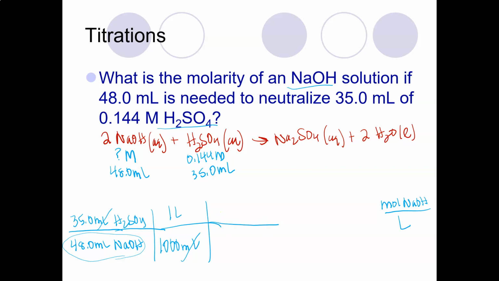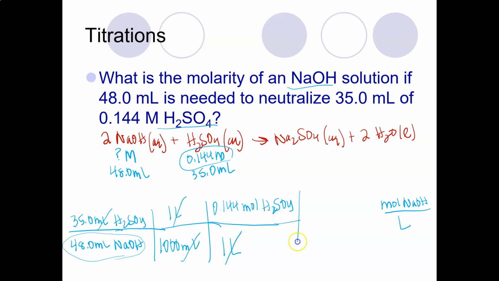I could go back into milliliters, but that's not helpful. Of the 4 unit factors, the only one that has liters in it is molarity. And that says some number of moles of some chemical is equal to 1 liter. That some number is 0.144 moles of that some chemical, which is going to be H2SO4.